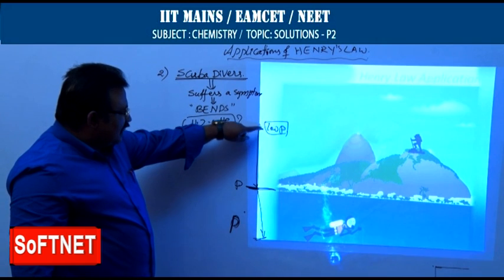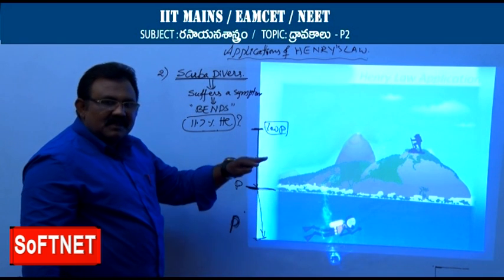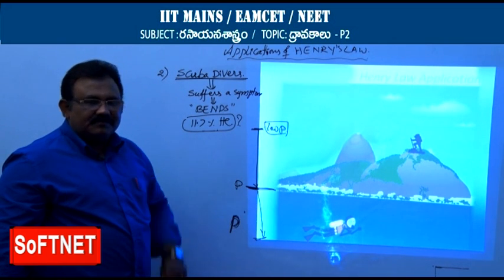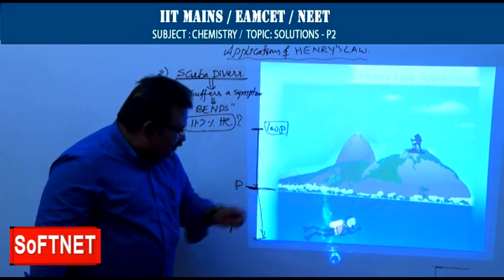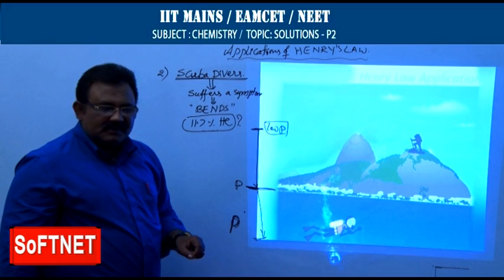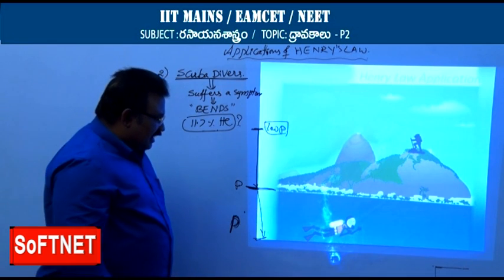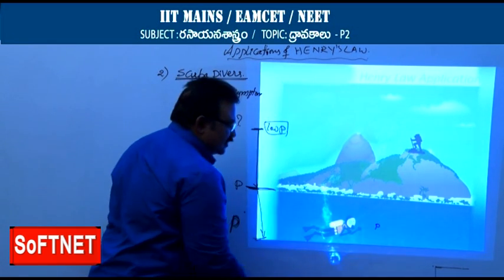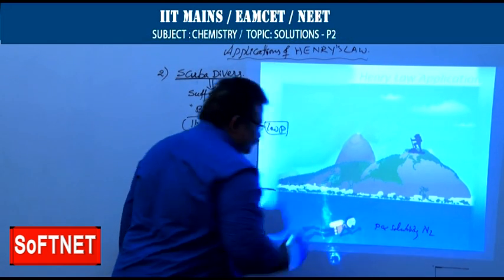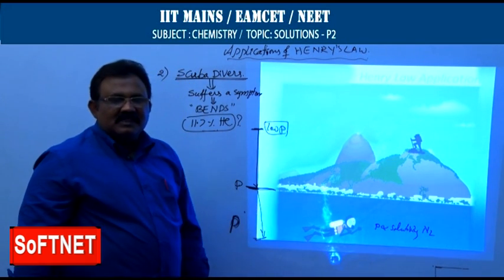So, at the hilltop pressure is less, at sea level pressure is intermediate, and at the bottom of the sea pressure is high. When the scuba diver goes down and down, because of more pressure of the gas, the N2 solubility in the blood increases.